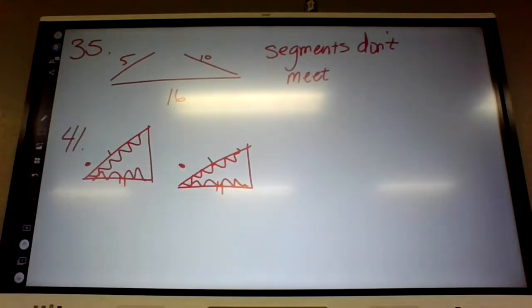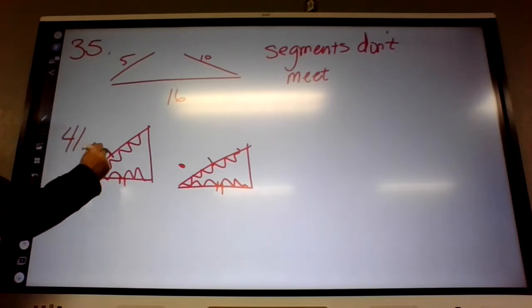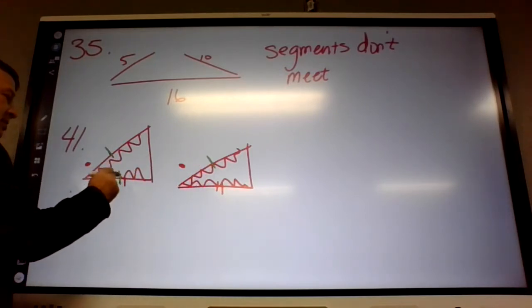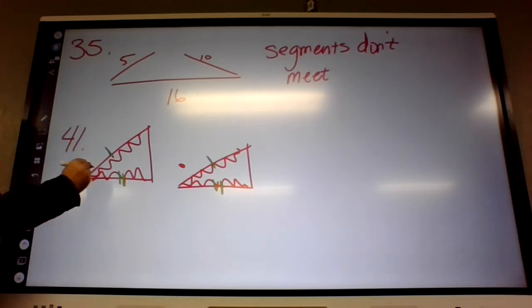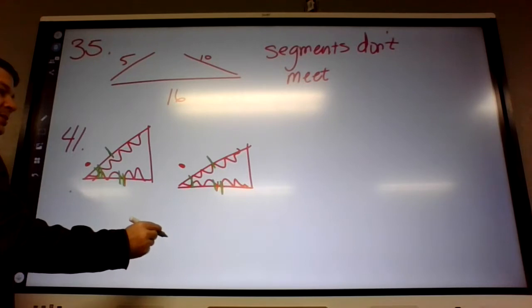Alligators. If you know the two mouths are the same on the crocodiles, like this mouth is the same as this, and this is the same as that, and this crocodile opens its mouth wider than this crocodile, then what else do we know?